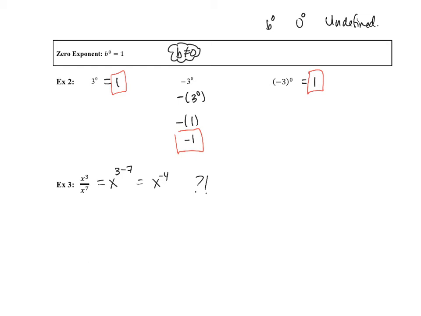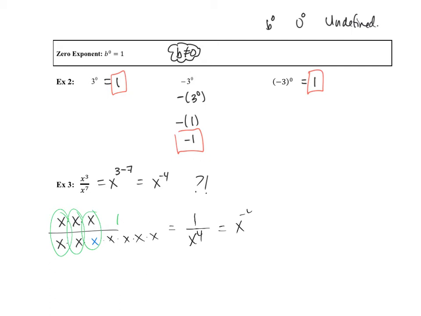We're not used to looking at that, so we can always break it down. x to the 3rd would be x times x times x on the top, and x times x times x times, that's 1, 2, 3, 4, 5, 6, 7. All right, and then anything divided by itself is just 1. So this ends up being 1 over x to the 4th, and that is equivalent to x to the -4.